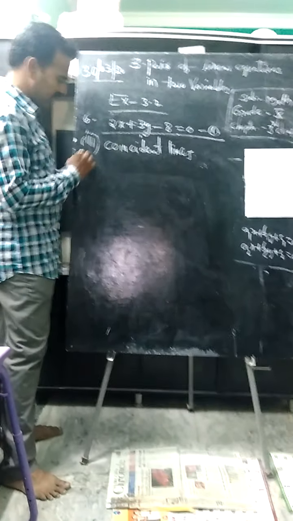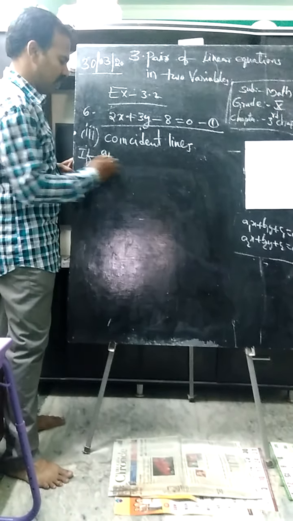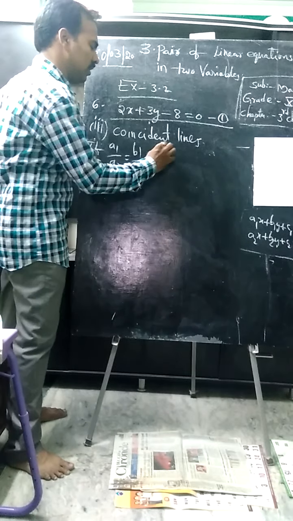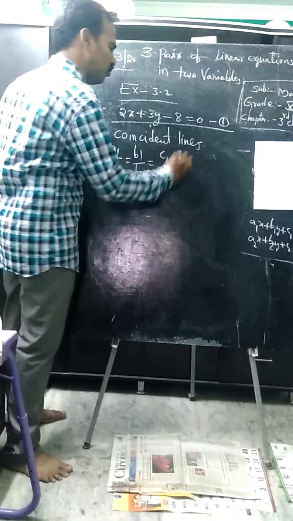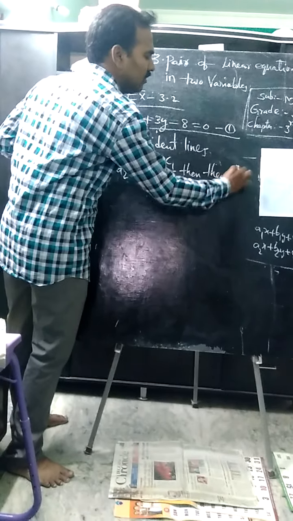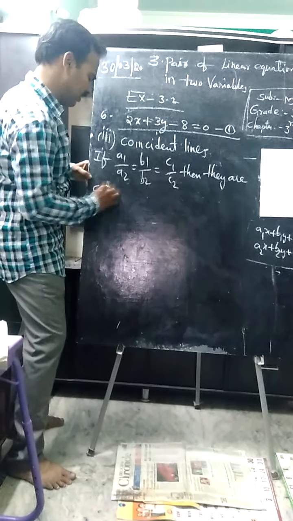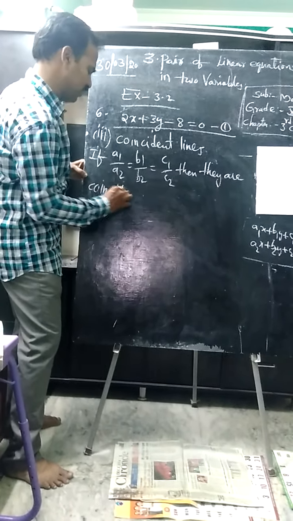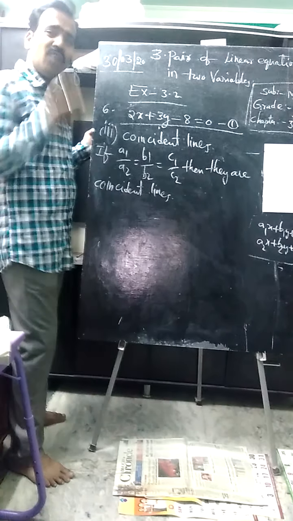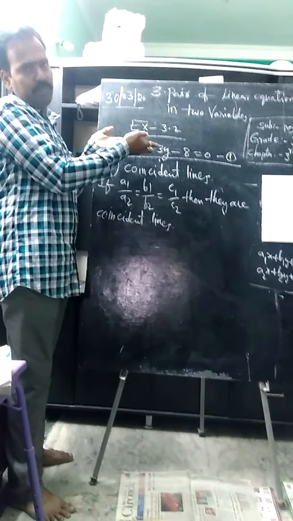Now the last condition, that is coincident lines. What is the condition, students? If a1 by a2 equals b1 by b2 equals c1 by c2, then they are coincident lines. So we have to consider one more equation which is a multiple of this.